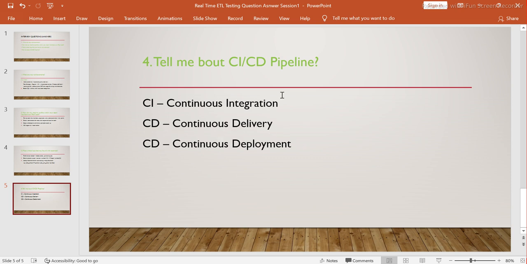I don't want to go into much detail here because I just want to cover the point, guys. When I say CI/CD is a pipeline, one of the tools in CI/CD is called Jenkins, which is very popular. It is an open source tool.